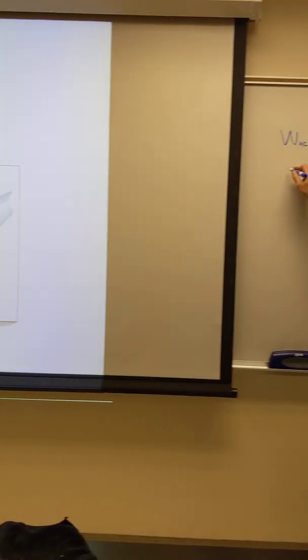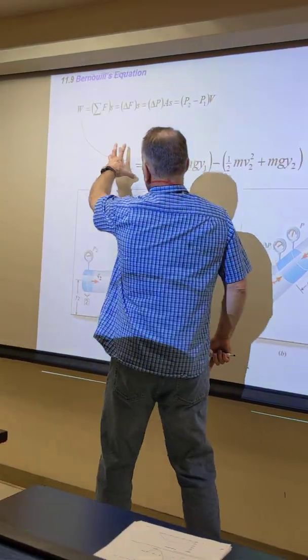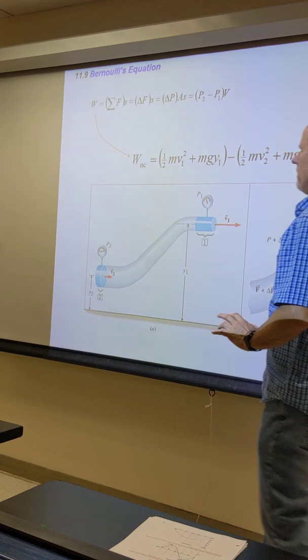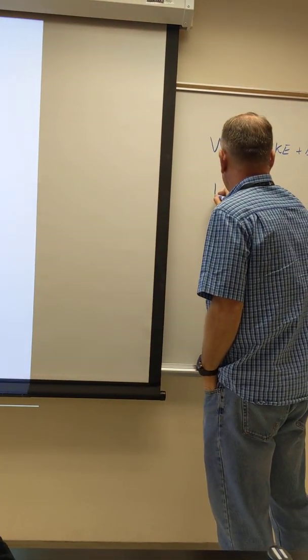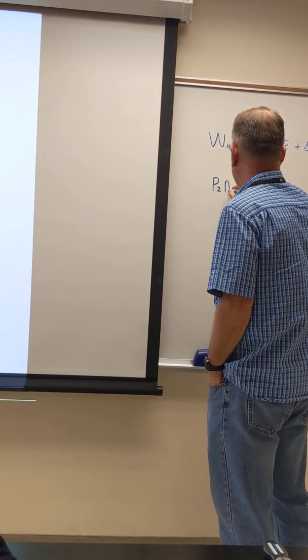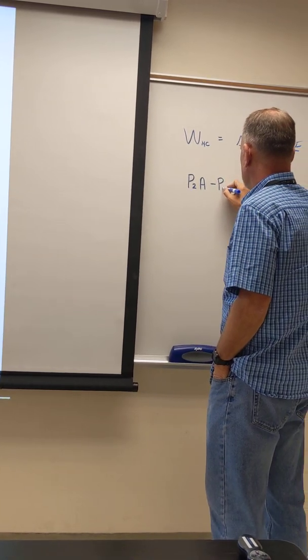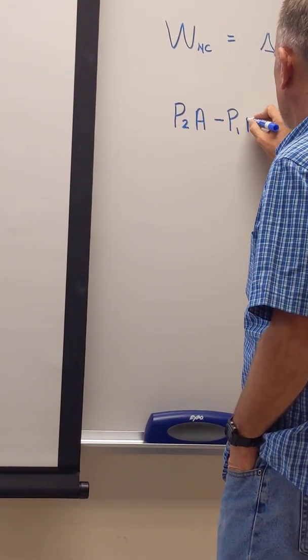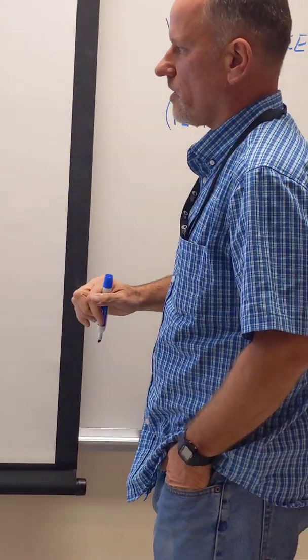So, the work here is this guy. It's force through a distance. Realize I've got pressure 2 times area minus some resistive force doing negative work on this little slug of water.